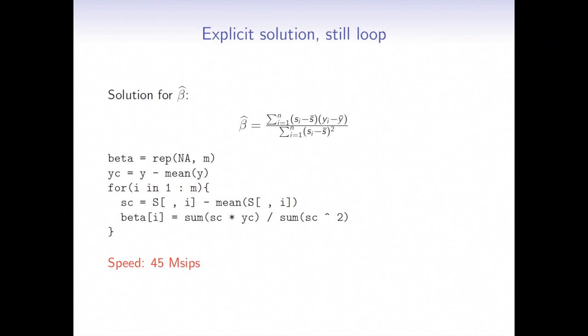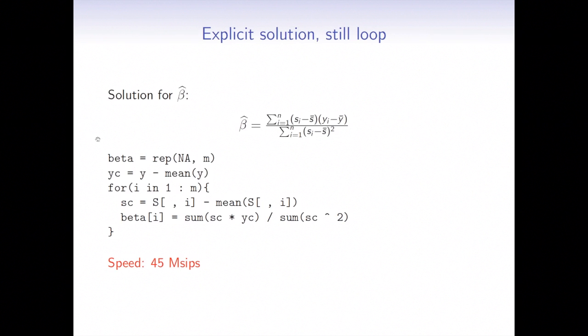And now, for a simple regression model, we know that the explicit solution for the beta is very simple. And we can actually compute it ourselves without using any ready function to fit the linear regression model. So here I do the same story, just in a loop, one SNP at a time.